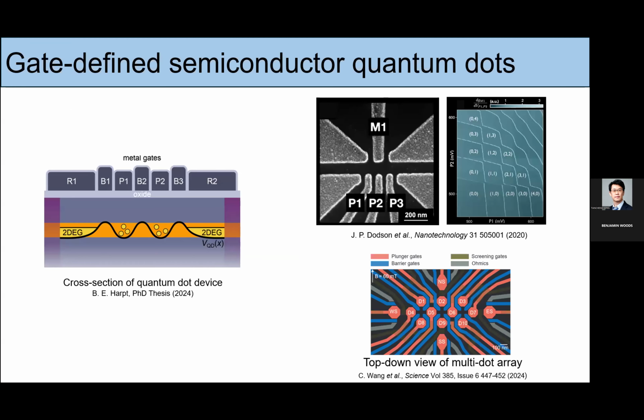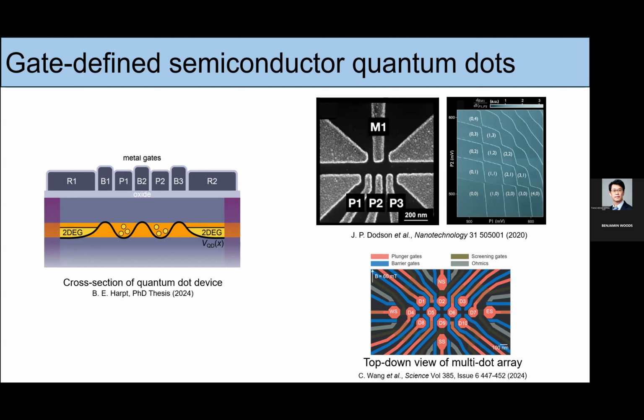So, as you saw in Mark's talk, the platform for making these spin qubits are these gate-defined semiconductor quantum dots. And this is a cross-section of one such device, where we have some semiconducting material like silicon or germanium. And then around it is a barrier material, typically some silicon germanium alloy. And the electrons that we're going to form our spin qubits out of live in this quantum well region as shown here.